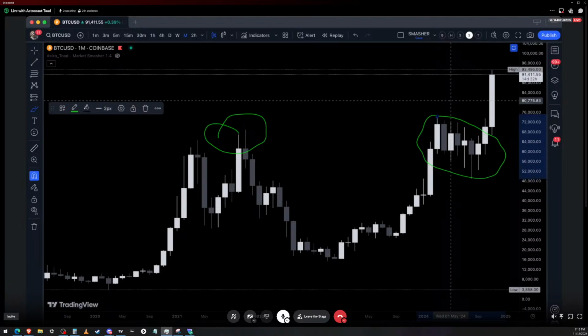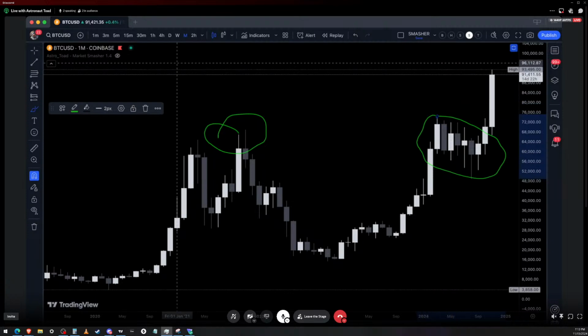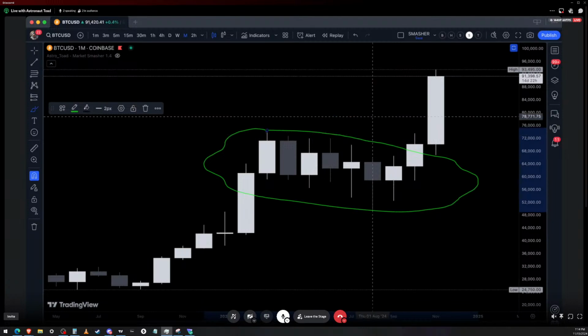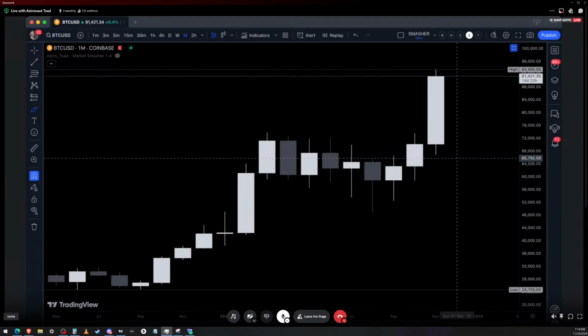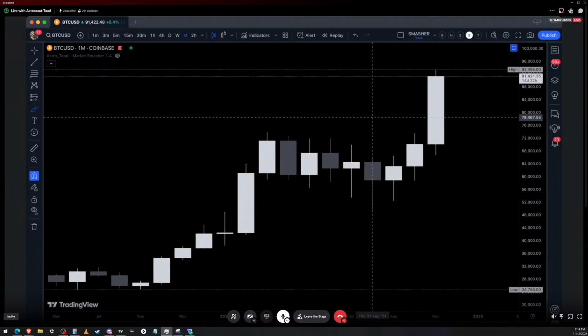The question is, what does it all mean? What do you do? What do you look at? So here's where you start. You start by just looking at the most recent candles and say, what do I see? What is going on here?